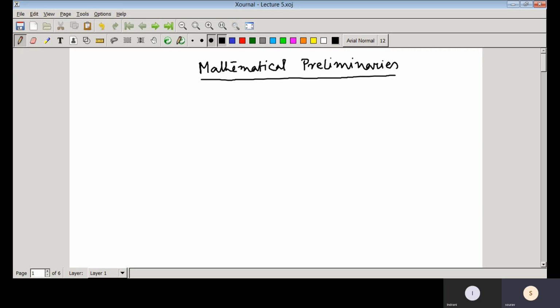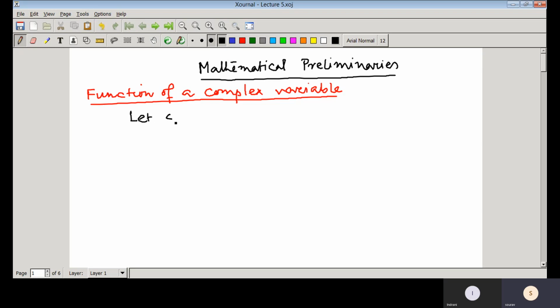So let us start. What is a function of a complex variable? Let S be a complex variable.